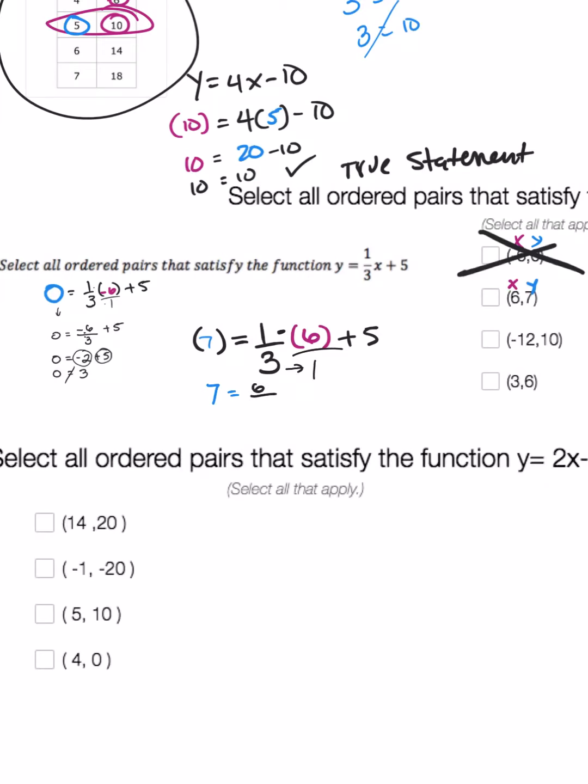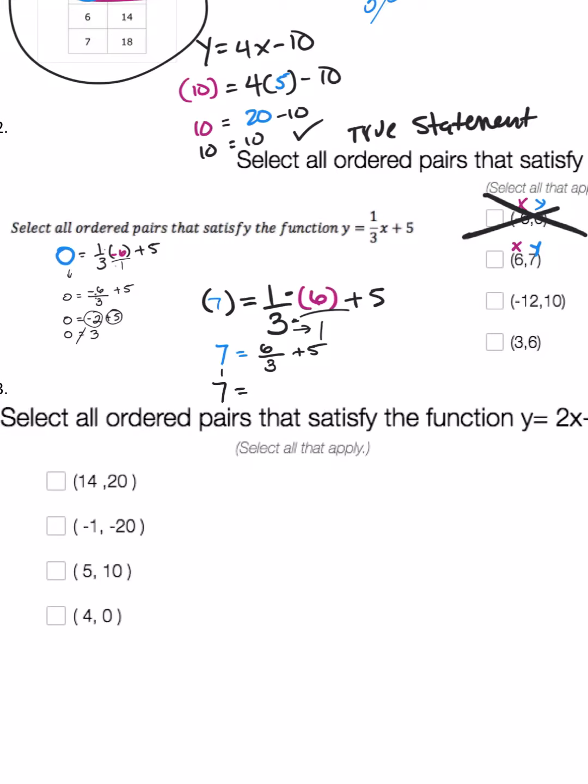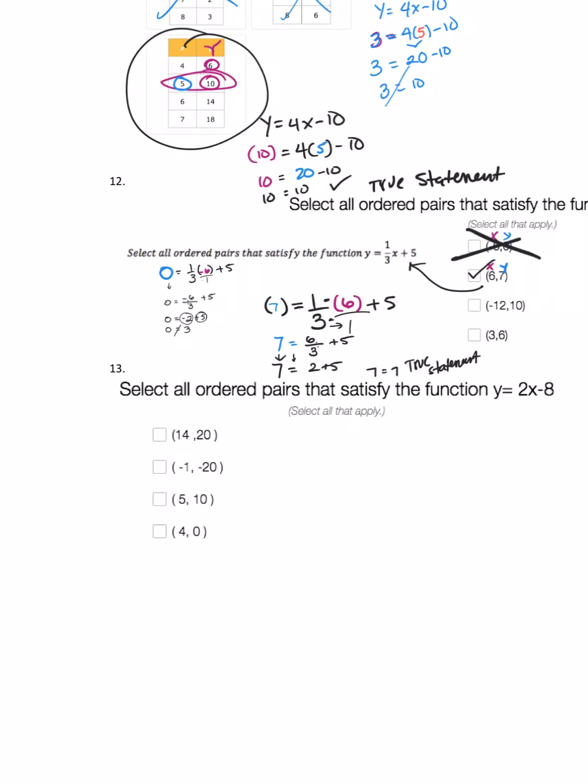What's 3 times 1? 3 plus 5. Alright, let's simplify. 7 equals, bring it down. 6 divided by 3 is 2 plus 5. Hey, 7 equals 7. This does satisfy because we got a true statement. That means that this point is in the line. See? So all of those satisfy.